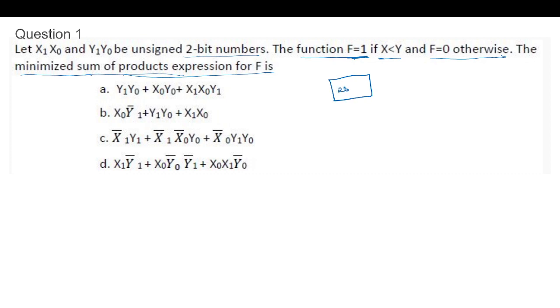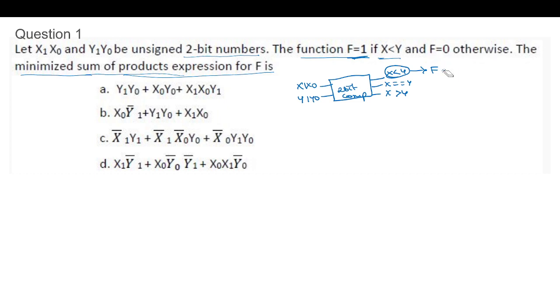Say I have a 2-bit comparator and the inputs will be the 2-bit inputs x1 x0, y1 y0. The output will be x less than y, x equal to y and x greater than y. So they have said this is our f. So f equals 1 when it is lesser.